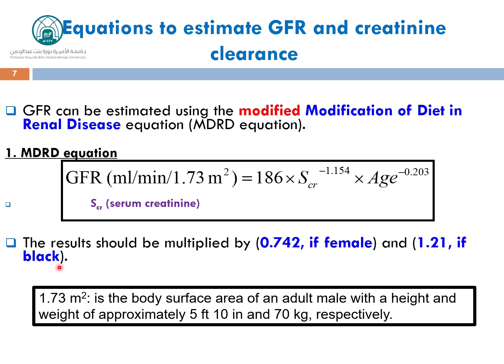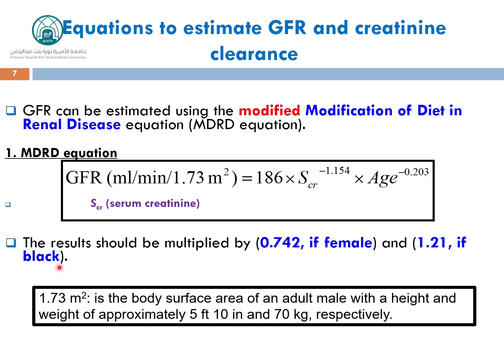So what does this mean? You are calculating the glomerular filtration rate for an adult male with a body surface area of 1.73 according to this equation, which is 186 multiplied by the serum creatinine to the power, multiplied by the age in years to the power. If she is a female, after you have your result, you will multiply it by 0.742. Why?